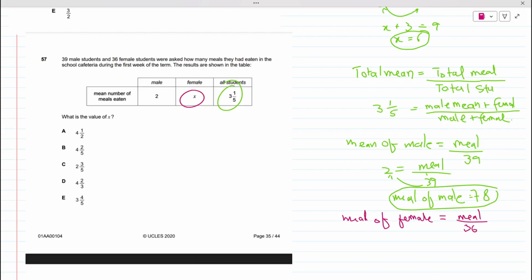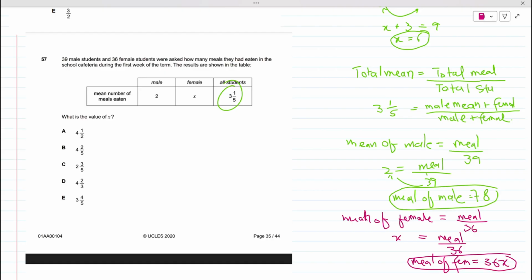And mean of female is given to us, which is x, right? And this meal is what we are finding. This is mean, not meal, upon 36. So meal of female would be 36x, right?